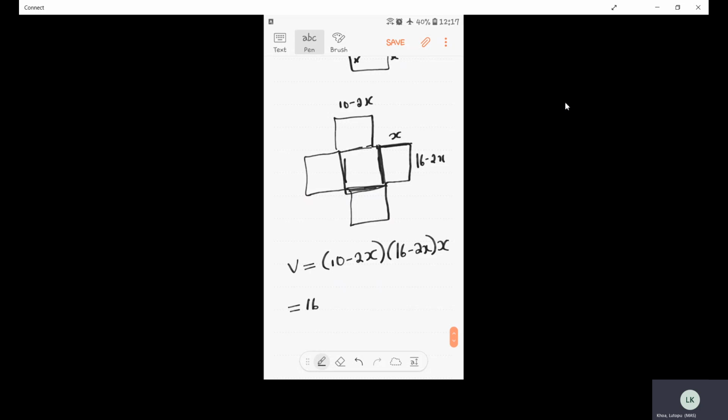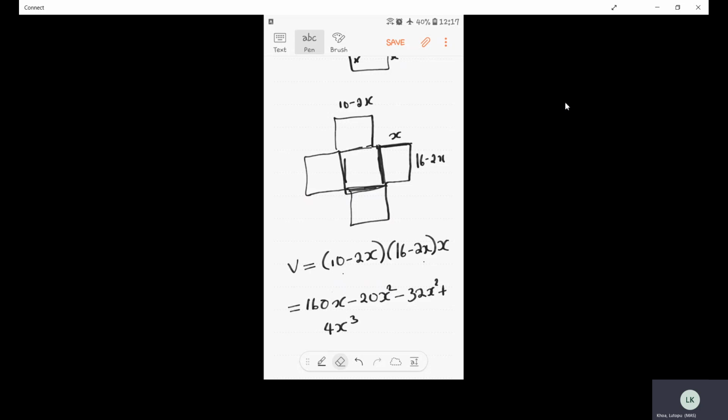We have 160x minus 20x squared minus 32x squared plus 4x cubed. So 10 times 16 times x, that's where I got that one. 10 times negative 2 times x is negative 20x squared. Negative 2x times 16 is 32 times x is 32x squared.